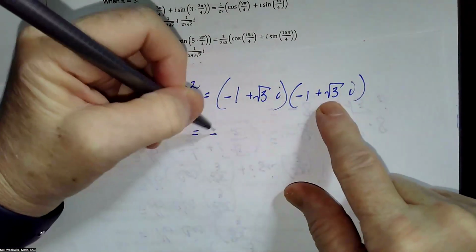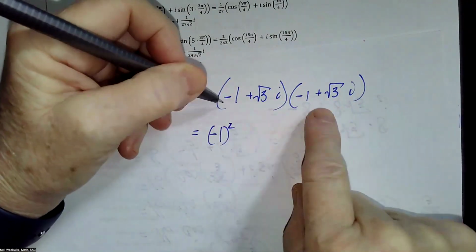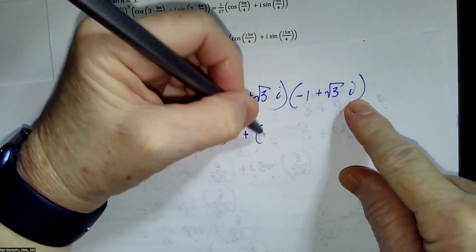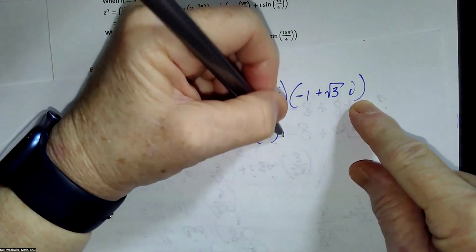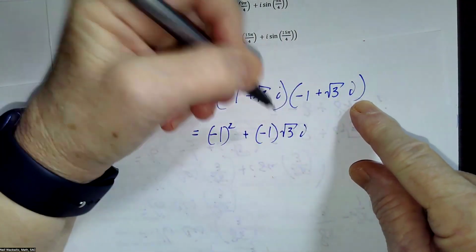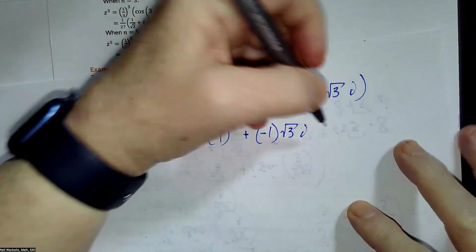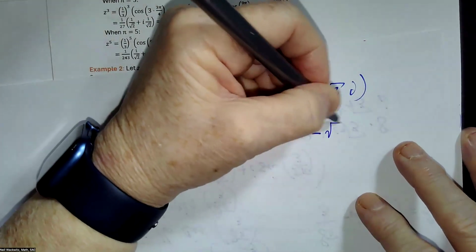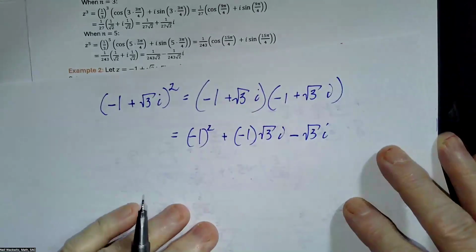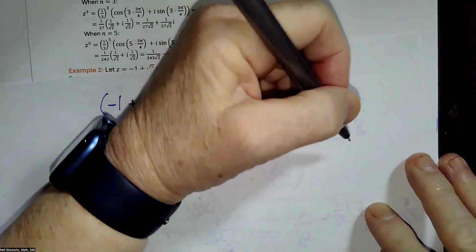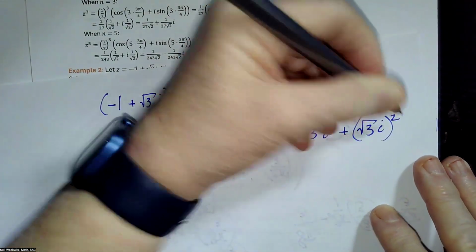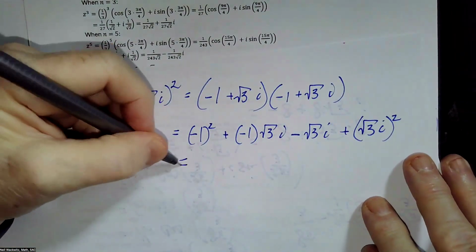So we get negative 1 squared plus negative 1 times the square root of 3i, minus square root of 3i, plus square root of 3i squared.